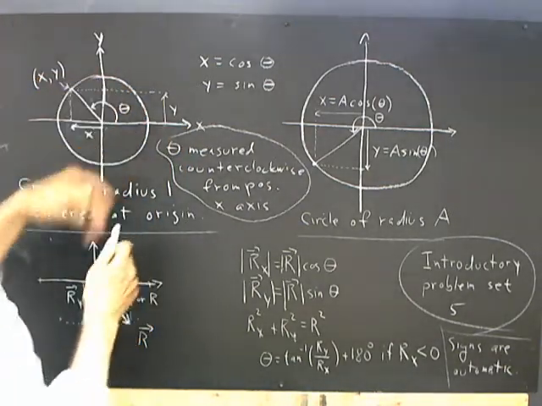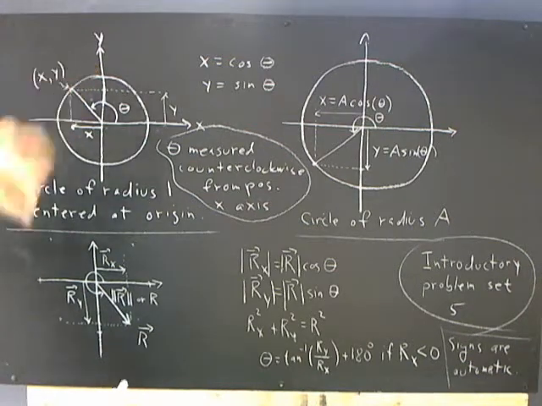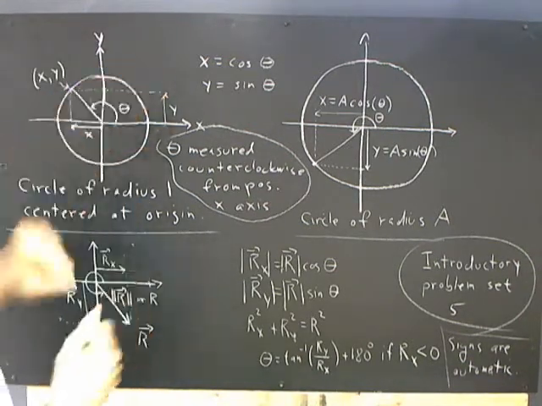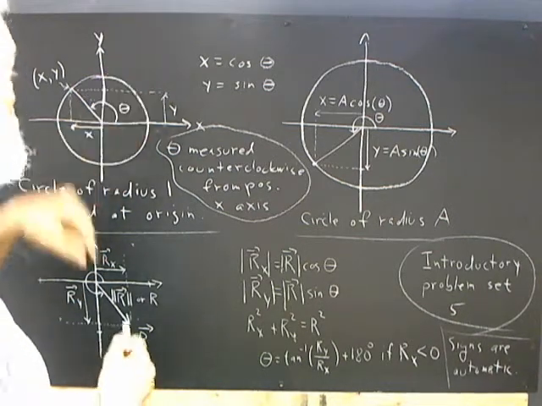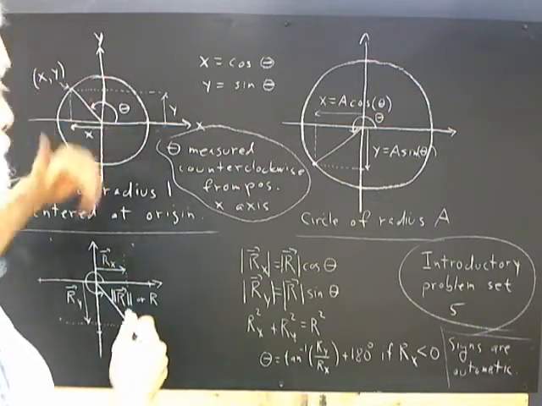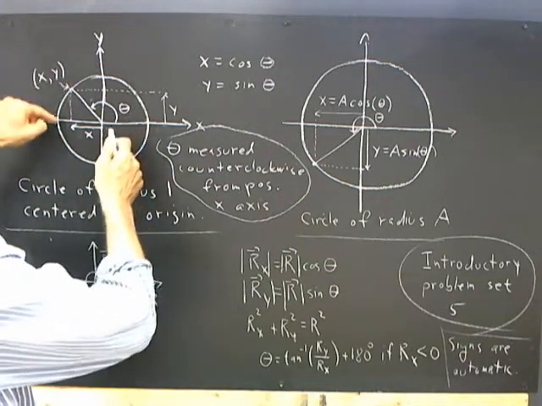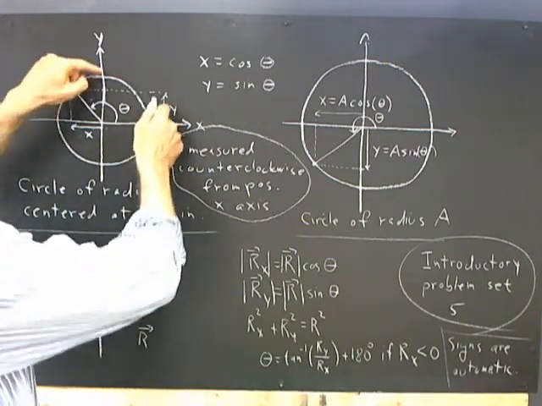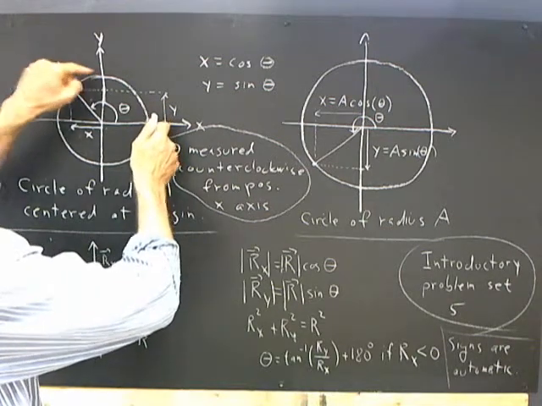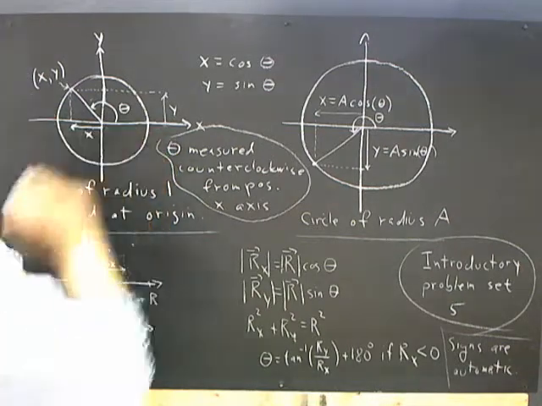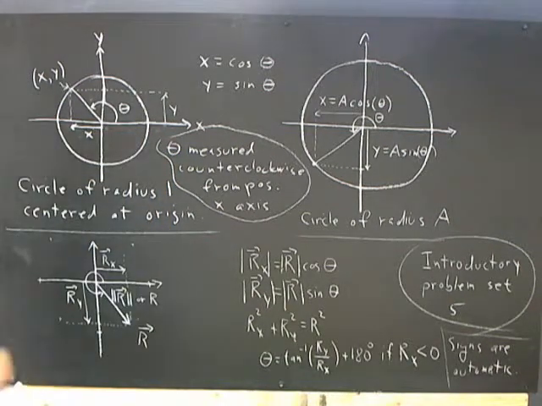But of course, as we get toward the y-axis, we're moving mostly in the x direction, so the y-coordinate is going to increase more and more slowly. And then as we move from here to here, the y-coordinate will decrease slowly at first because we're moving mostly in this direction, but by the time we get here, it's going to be decreasing very quickly. And you can trace the motion around here, think of what would happen to the y-coordinate.